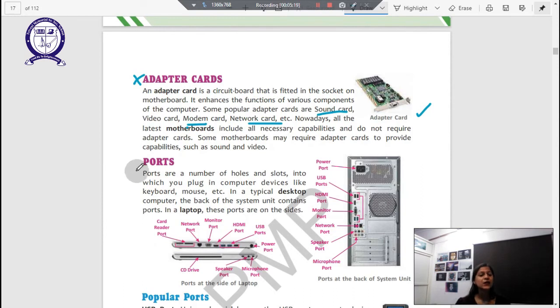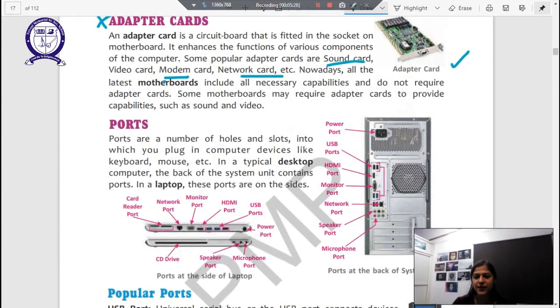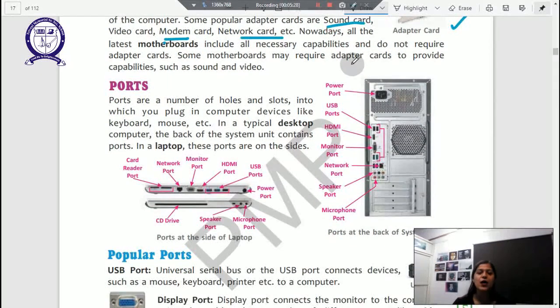All right, so now we'll study the various ports in our system. I'll zoom this picture a bit so that you understand it better. So this is the power port, which is used to connect our CPU, our system unit, with the power supply. Then we see the USB ports, HDMI ports, monitor ports.